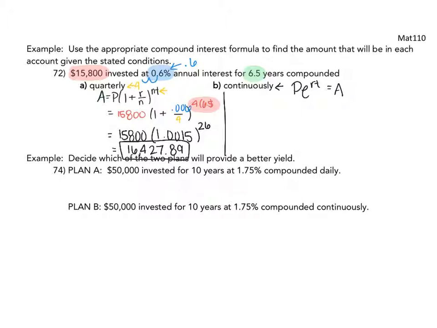So I have my principal, which is still 15,800. E is some letter, right? It's just some number out there. R, my rate, still in a decimal. And then times my time, which is 6.5 years. So now I'm going to plug that into the calculator. Do your exponent first. So I'm going to do that part in my calculator first, and then fill in the rest.